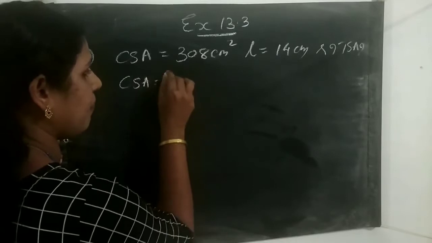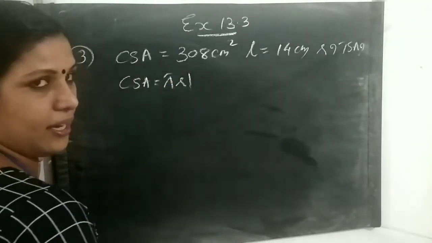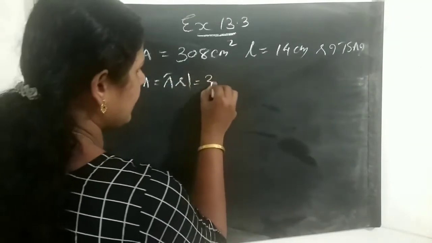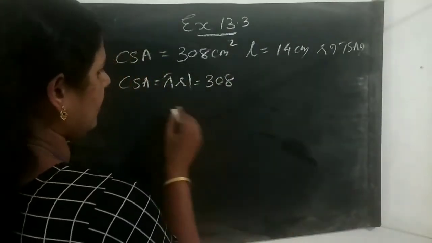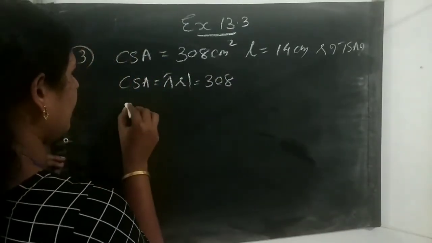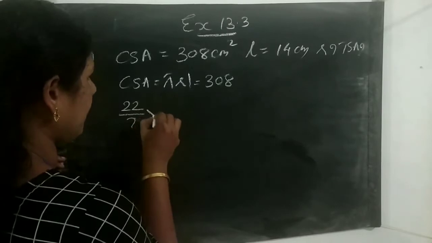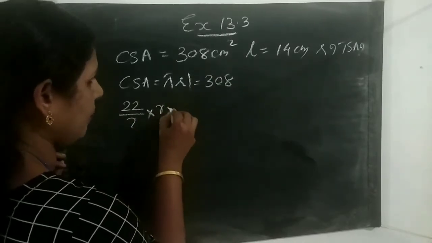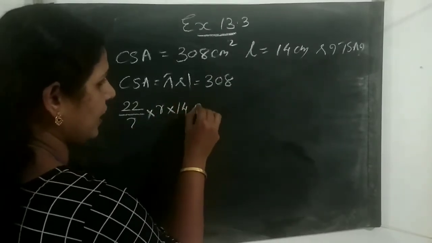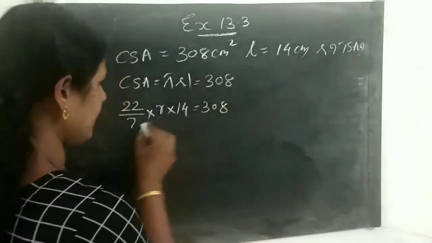What is the equation of CSA? CSA is pi R L, here it is 308. So that is pi R L, that is 22 by 7 into R, we don't know this R, into 14 equal to 308.